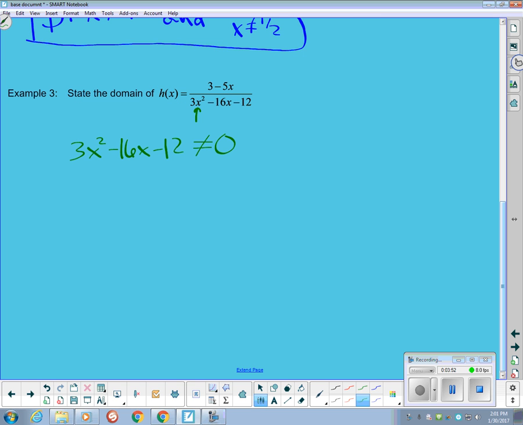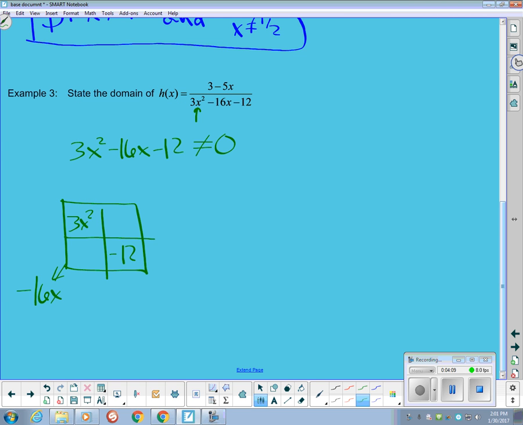Okay, so if we go into our factoring, we'll grab the area model. We know that's got to be a 3x squared. That's got to be a minus 12, and these two have to add up to negative 16x.